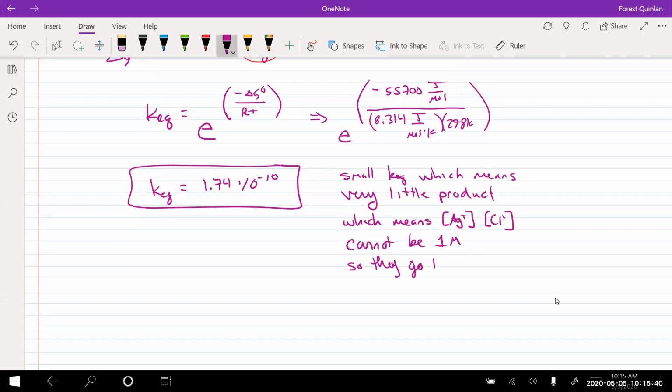So they go backward. Le Chatelier. We loaded up the products. It didn't want to be there. They went back to the reactants, as we expect.